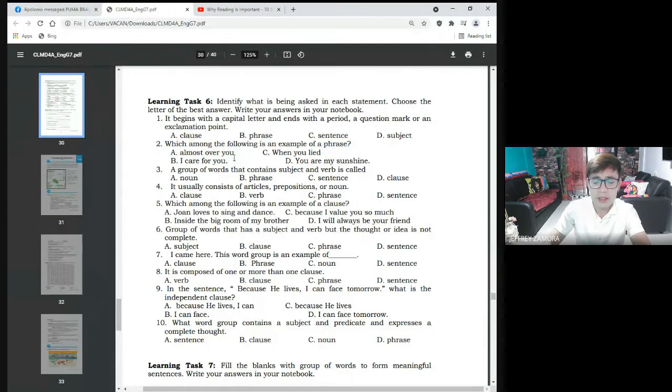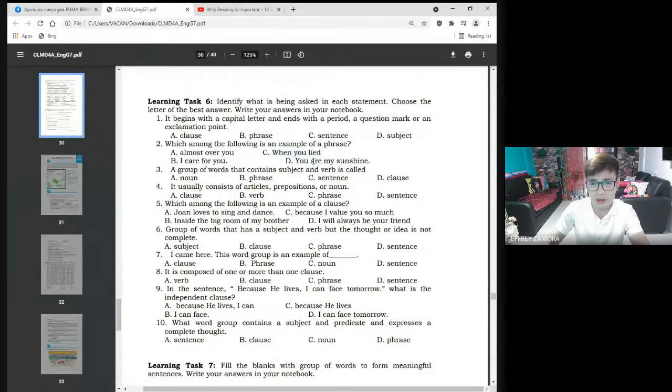My discussion is that the two essential parts of a sentence are the subject and a predicate. If there is only a subject, automatically that is a phrase. If it is only a predicate, like almost over you, that is considered a phrase.